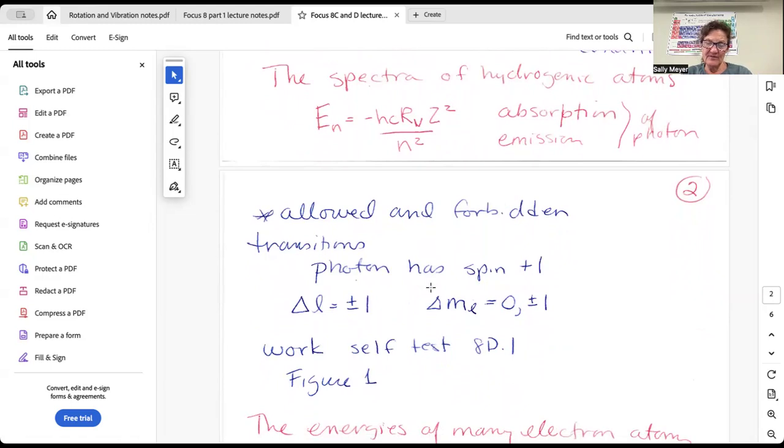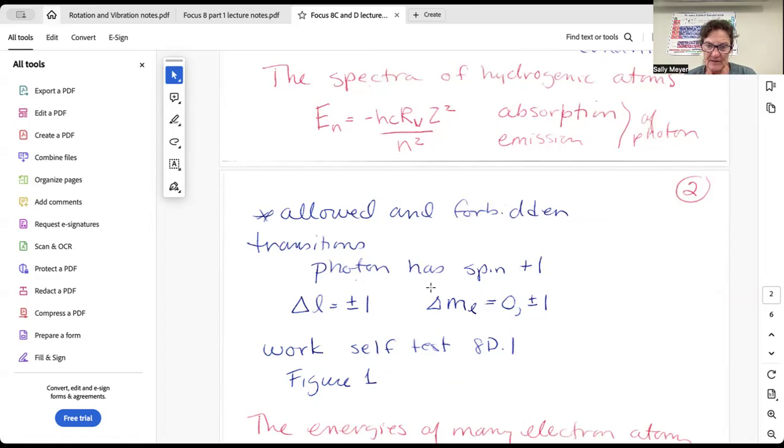So that means the electron that's transitioning has to change its l value by 1, plus or minus, depending once again on if it's absorption or emission, in response to that photon either taking away a spin of 1 or adding a spin of 1. The change in the magnetic quantum number can be 0 or plus or minus 1 because the orientation quantum number tells you something about the total angular momentum, but not everything.